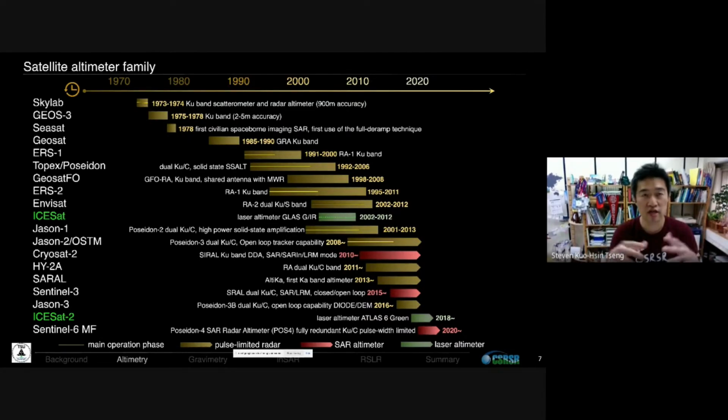You can imagine the coverage of the footprint is about 5 to 10 kilometers in diameter, a very huge footprint, trying to measure the average surface height over the ocean. Over open ocean it operates very well.